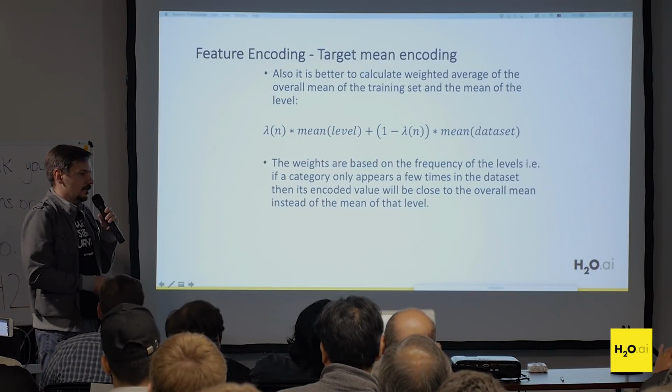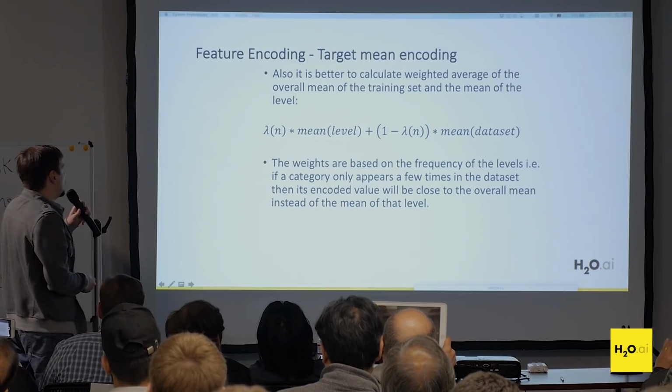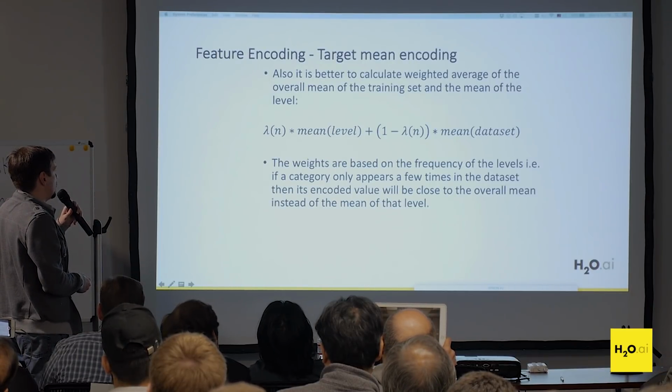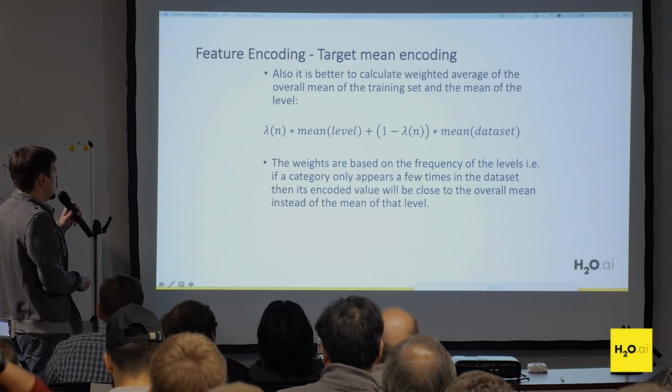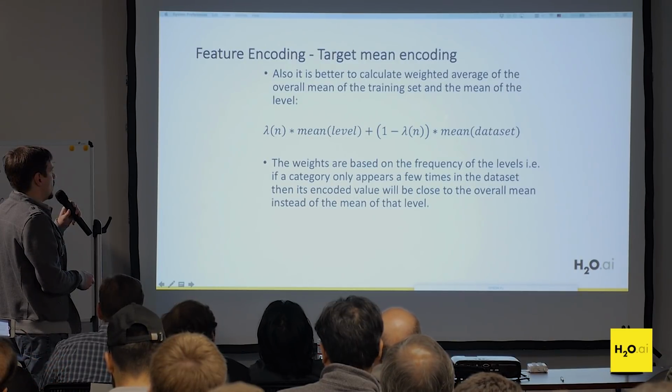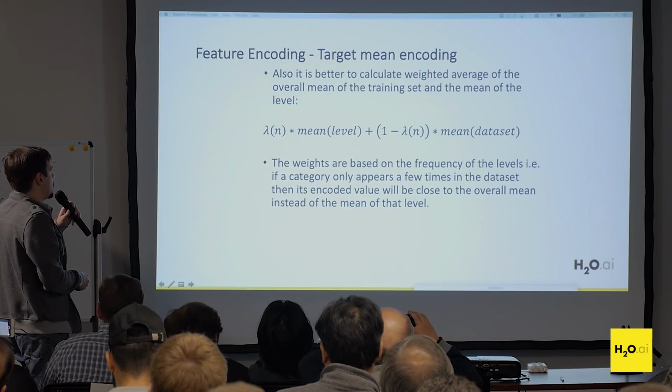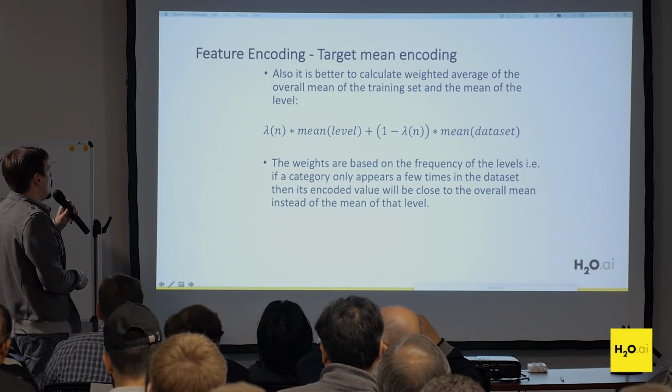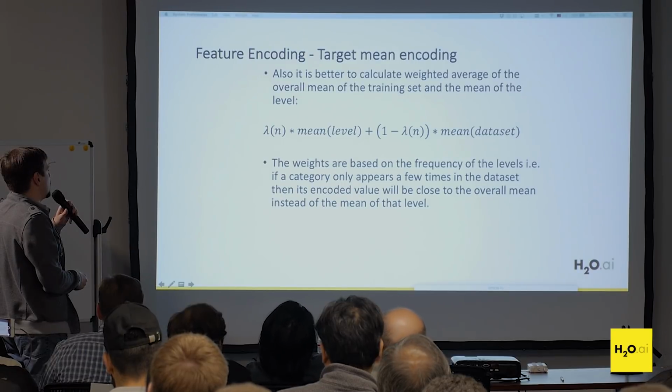To deal with that, instead of just encoding by the mean, we introduce a weighted average between the mean of the level of our category and the overall mean of the data set. We also have a function which depends on how often you see this level in your data set. The bigger the n, the bigger the lambda will be here.